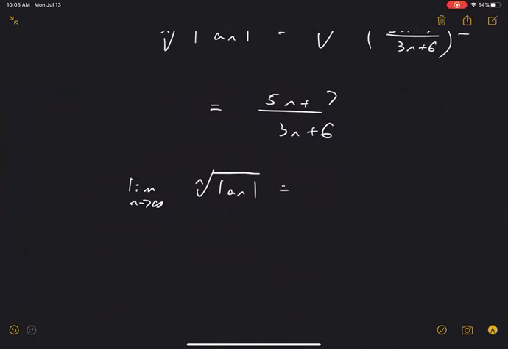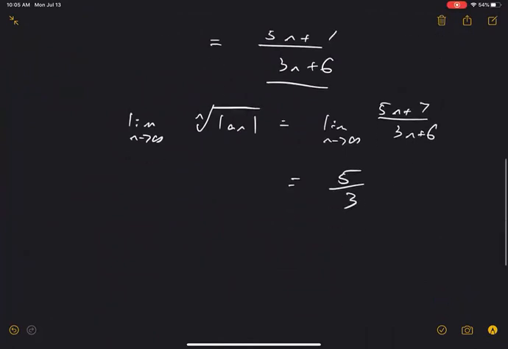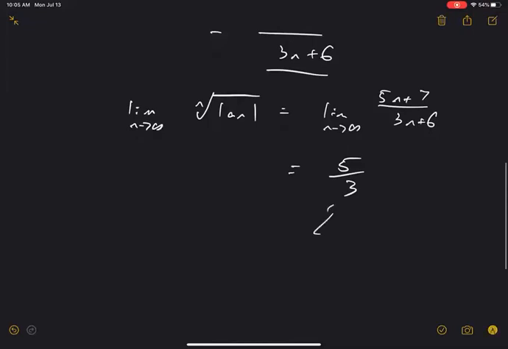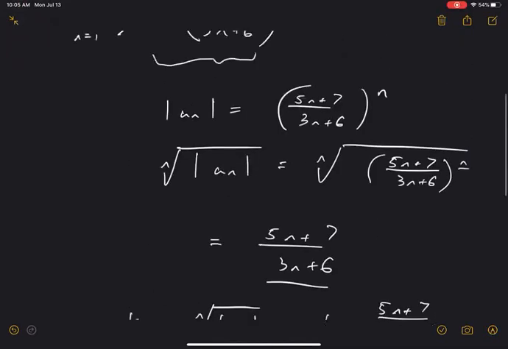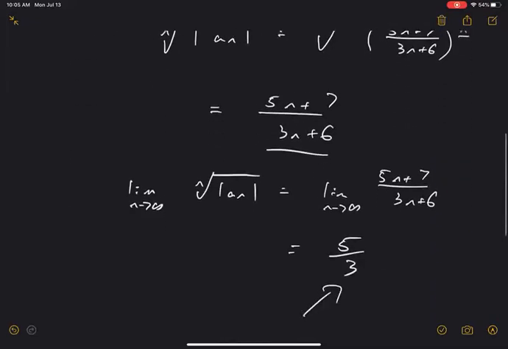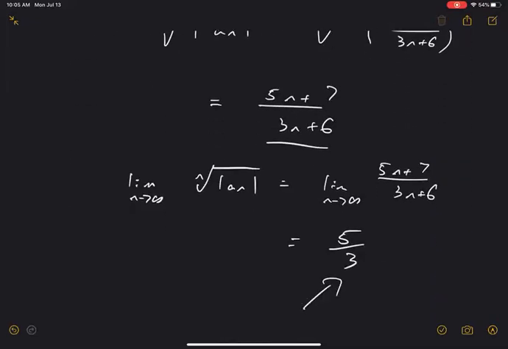This limit is equal to 5/3. Like with the ratio test, based on this limit we get some conclusions, so let's see what those would say now that we know the machinery of the root test.